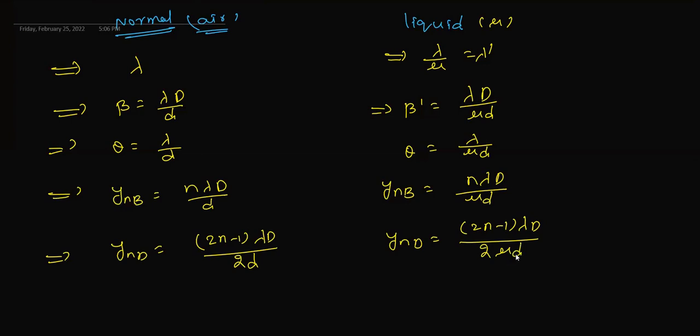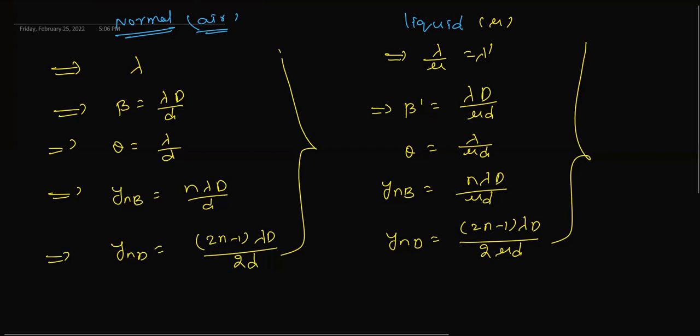These are the important formulas we need to remember for solving numericals. Nothing else changes. Whatever you learned in air, every value will decrease by mu times if you perform it in the medium. These are the important points to remember.